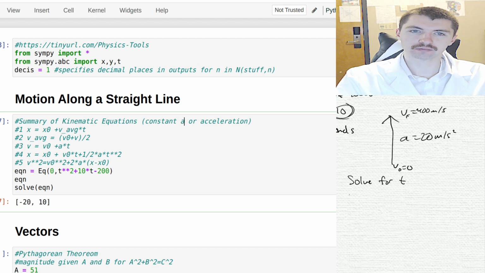So 400 equals 20t. 40 over 2 is t, 20 seconds.